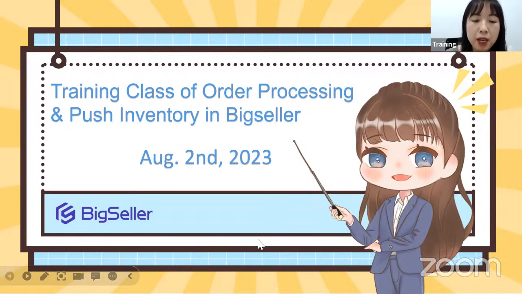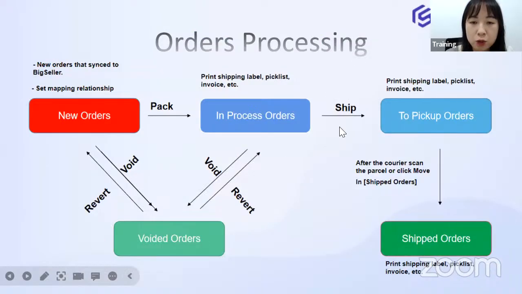in Big Seller. Basically, in Big Seller, we only have 4 steps to process your order. This is the flow. The first step is new orders. New orders are automatically synchronized to the first step, and what you need to do is to pack, which means arrange shipment. This is the only thing you need to do for new orders.